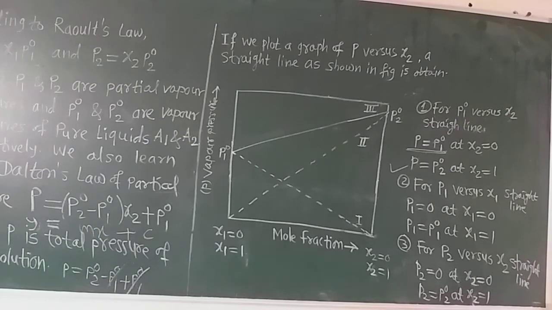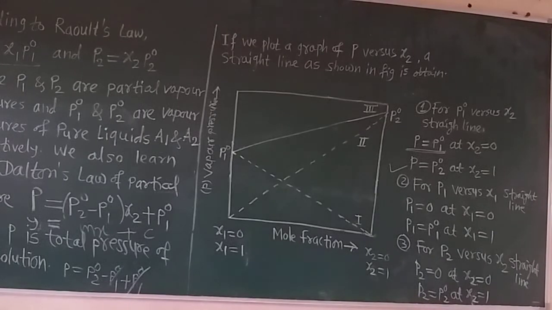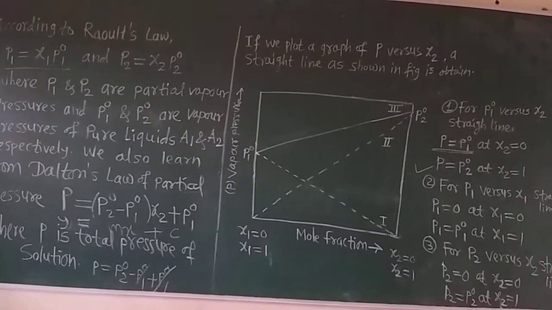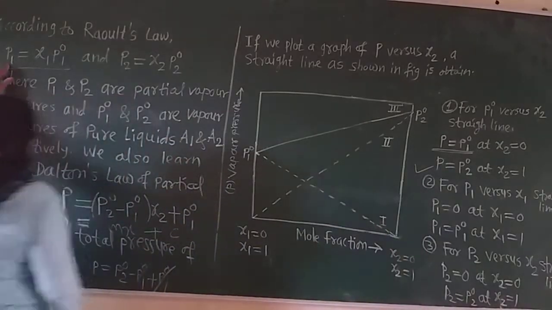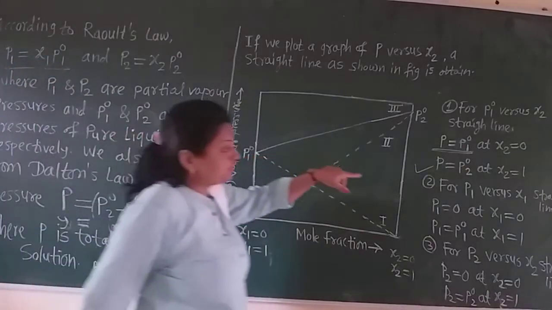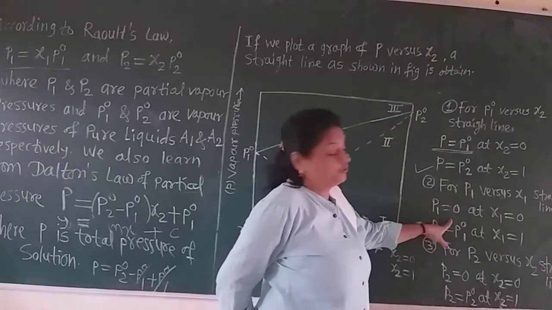Now see, students, understand this. This is very simple. When P1 becomes 0, if we substitute X1 as 0, P1 is equal to 0.